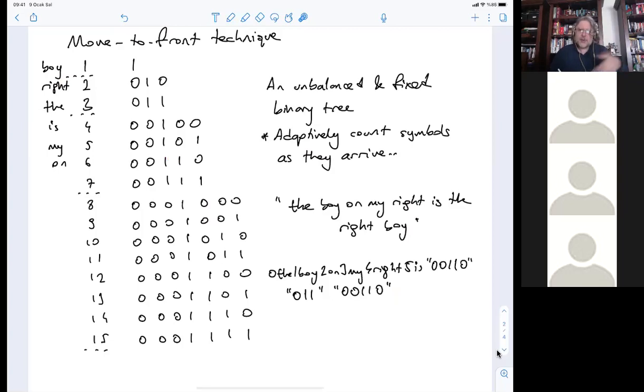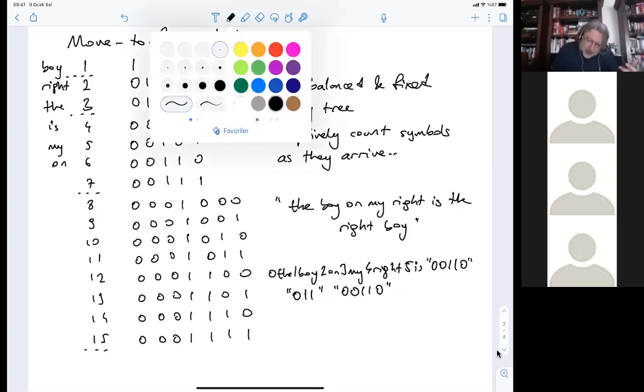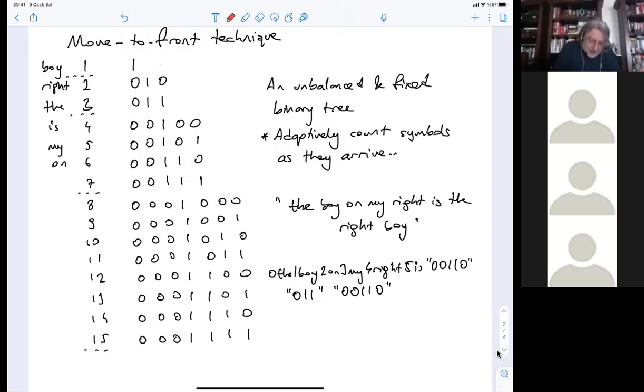If you want to transmit more symbols, if it's a new symbol, every new symbol will be pushed to this point, if it comes. Why? Because boy, right, and the have a count of 2, and the rest have a count of 1.